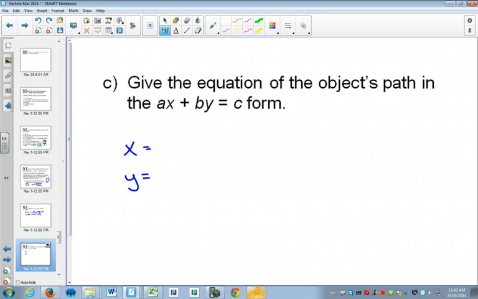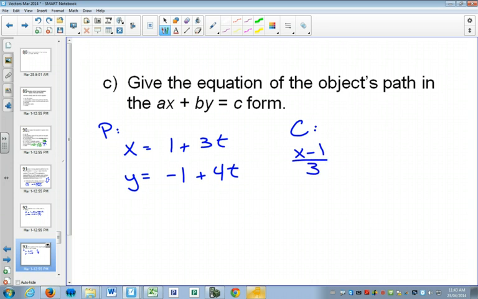We could write the parametric equations, right? Here we go. It'll be 1 plus 3t and negative 1 plus 4t. Remember, these were our parametric equations. And then our other form of the equation was the Cartesian one. The Cartesian one gets rid of the t. If I solved for t in our first equation, I'd get x minus 1 divided by 3. If I solve for t in the second equation, I would get y plus 1 divided by 4.